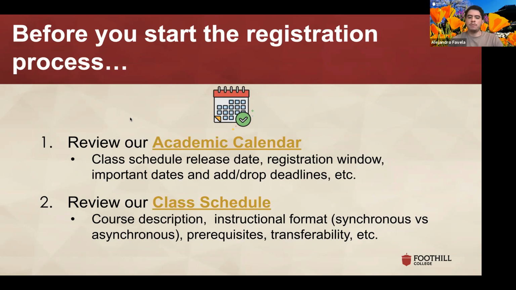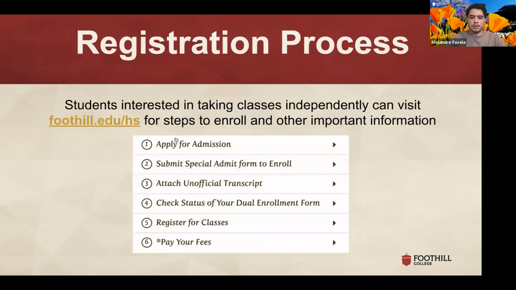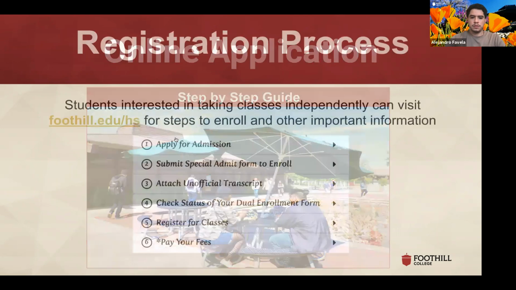I can dive into that class schedule right now too, so we can check it out in more detail. As y'all can see, it makes sense why you would want to get familiar with all this information even before you start the registration process and complete your online application and your special admit form. So let me go ahead and open them up.